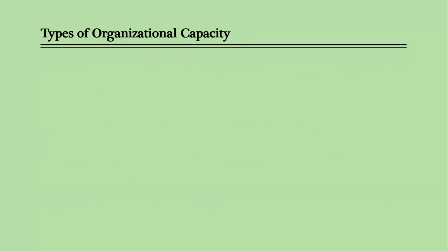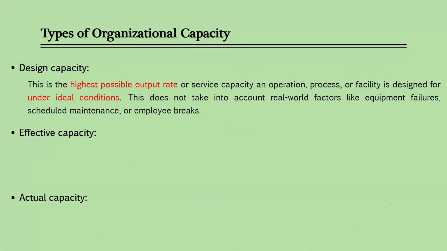So in the organization, there are three types of organizational capacities. First one is design capacity. Second one is effective capacity. And the third one is the actual capacity. Let's see what is design capacity. This is the highest possible output rate for service capacity, an organization, process, or facility is designed for under ideal conditions.